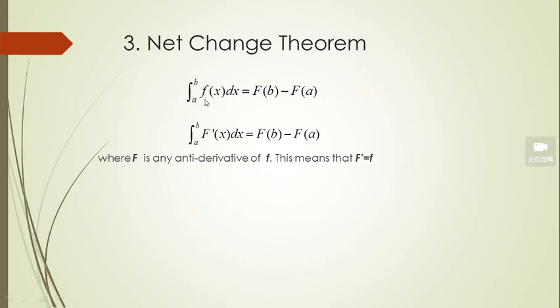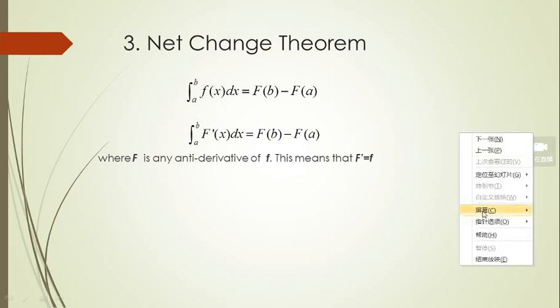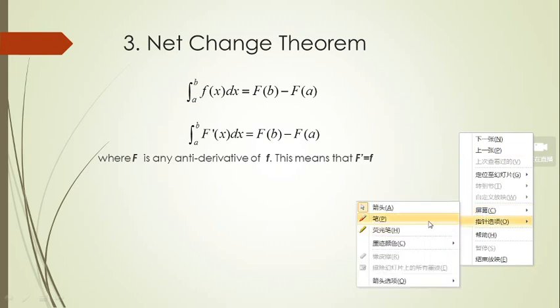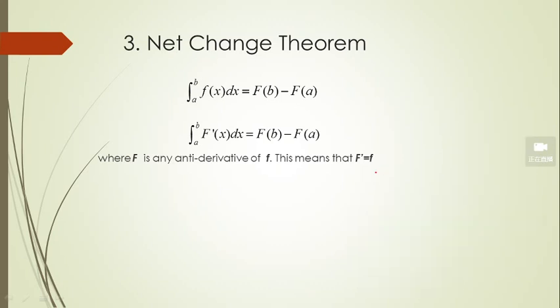The big F in the first one is any antiderivative, which implies the derivative of big F gives the small f. So somehow we can replace the integrand f(x).